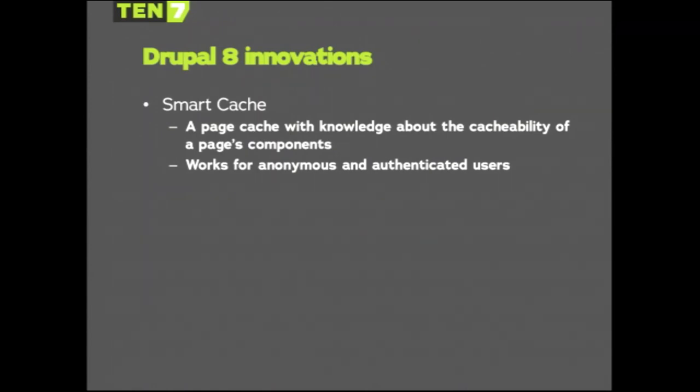So when it sees a page that has some dynamic elements in it, it can cache just the parts of it that are static, the things that are going to be the same for all users, and then figure out how to just render the things that are dynamic for your authenticated users, depending on whatever contexts need to be available for that page in order to fill in the blanks. So it's a cache that can work for everybody.